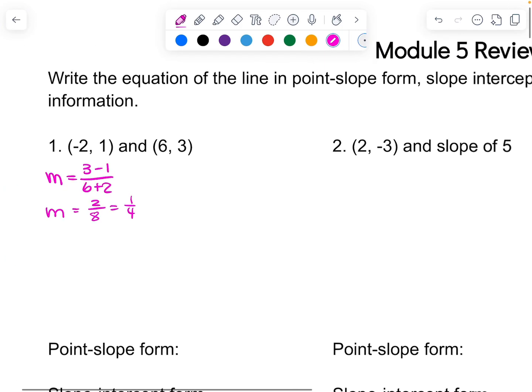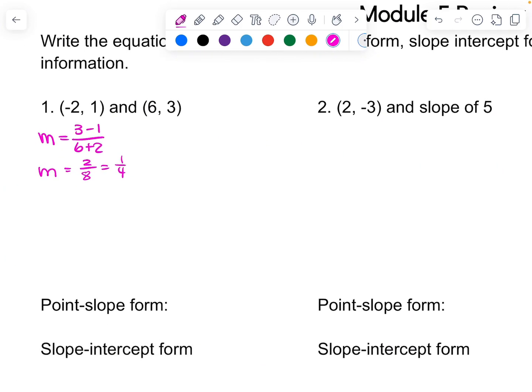Now I come down here, I'm going to put it in point slope form, and you can use either one of the points. It doesn't matter. If you use the first point, y minus 1 equals 1/4 times the quantity x plus 2. If you use the other point, y minus 3 equals 1/4 times the quantity x minus 6.